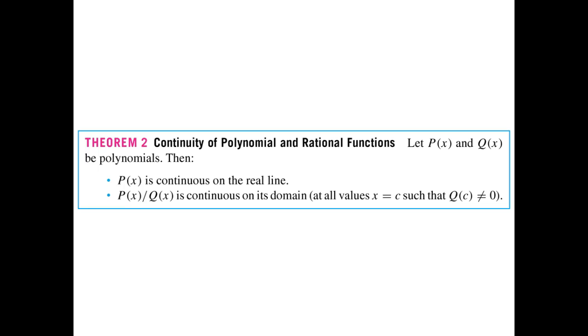Okay. They do give a little bit of an example here. I'm not going to do the first one. We've already said polynomial functions are continuous everywhere, all real numbers. Here is a g of x, which is a rational function.